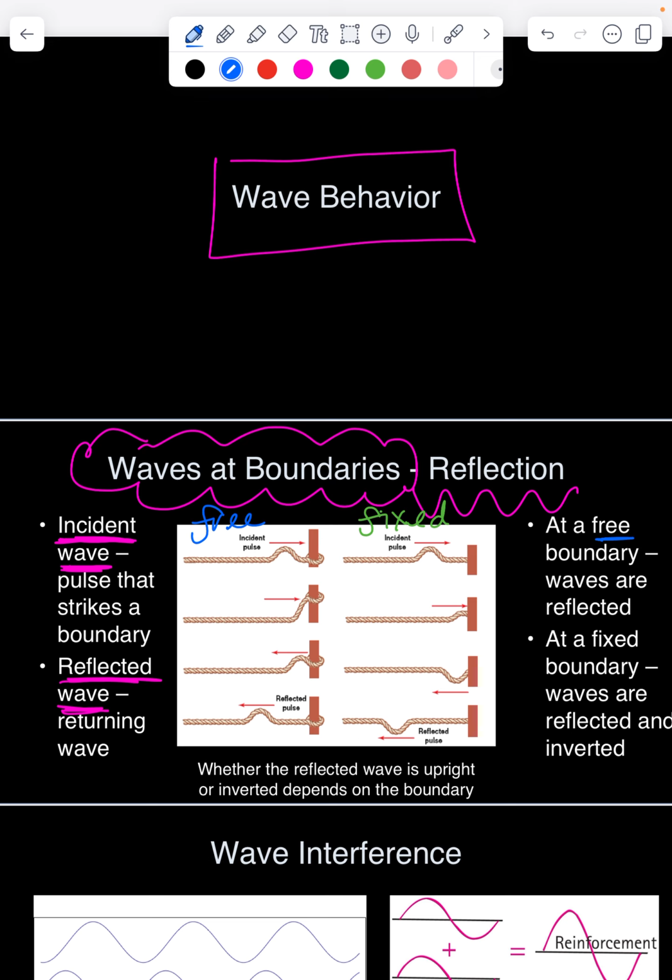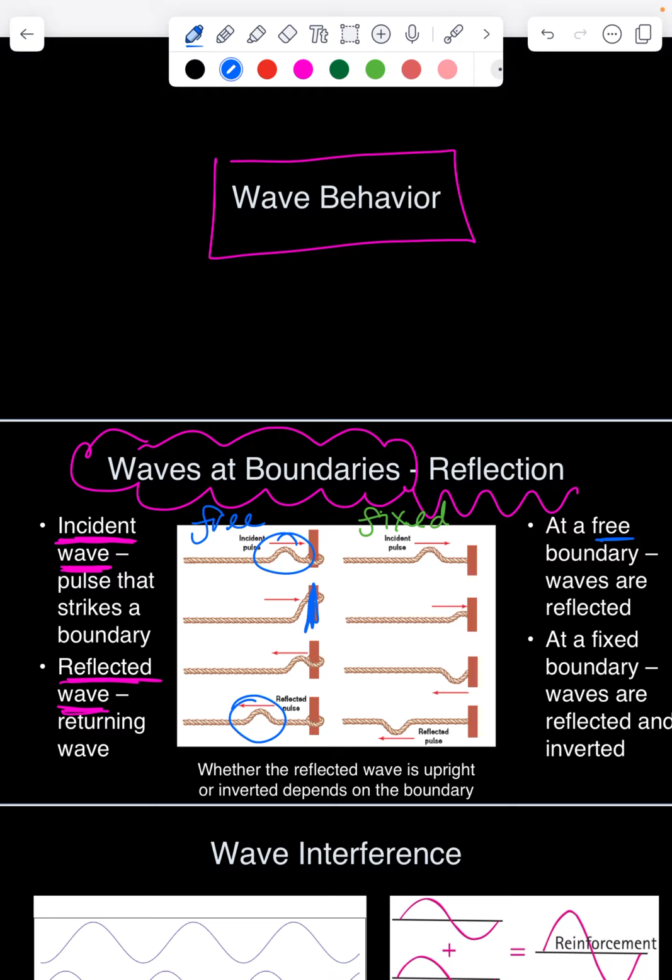But look at the free boundary: it allows that rope, that medium, to move freely, hence the name free boundary. Because it allows the rope to move freely, that wave is not going to miss a beat. Whenever it reflects back towards the origin, it's still on the same side that it was whenever it came.